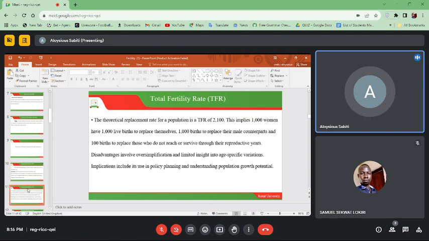For example, Uganda's current fertility rate is 5.2 according to the recent Uganda Demographic Health Survey. So meaning that the average number of children every woman of reproductive age in Uganda produces is about five. It's about five children. So you can be able to see that.